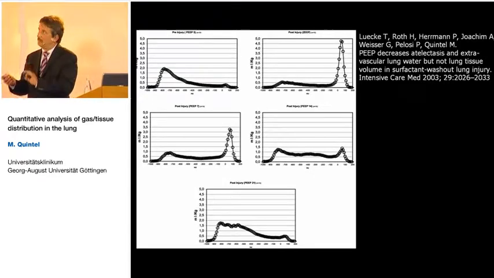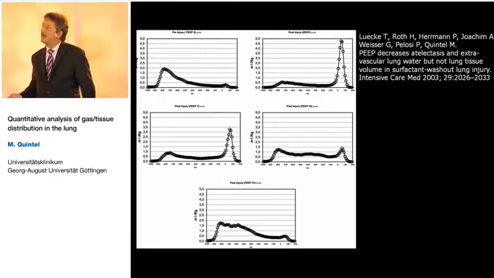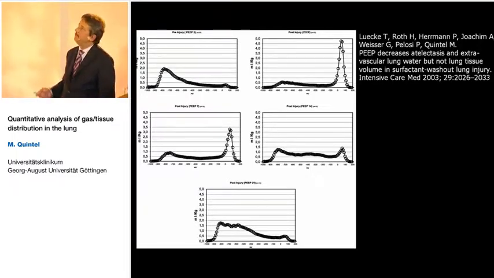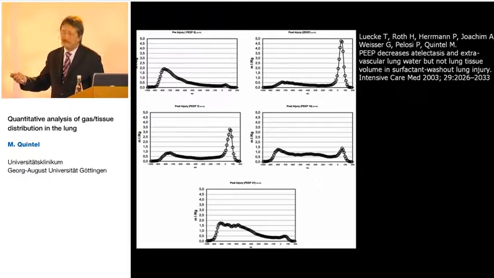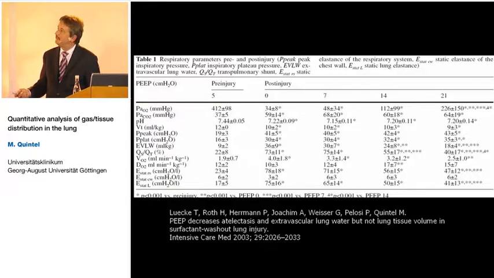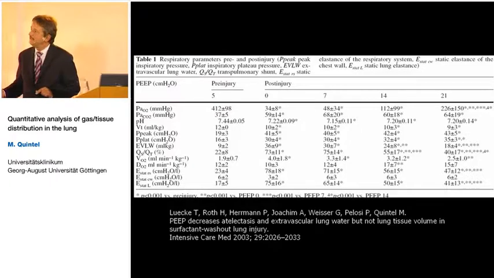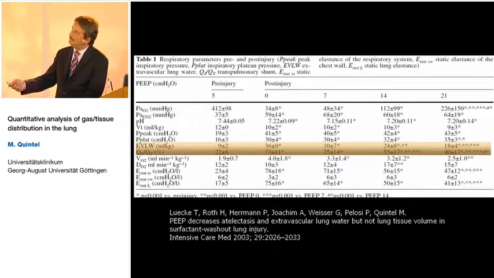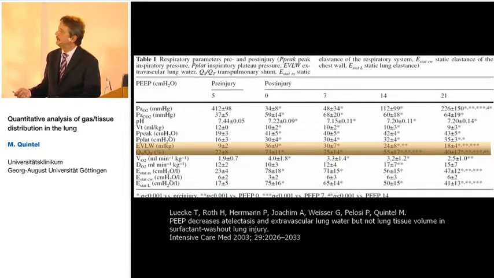Again, in this study we looked at the changes while using different PEEP levels, from 0 to 21, where there is a shift. All these studies have been performed in the same animals as you have seen before. Once again, while increasing PEEP from 0 to 21, there was a marked reduction of extravascular lung water.